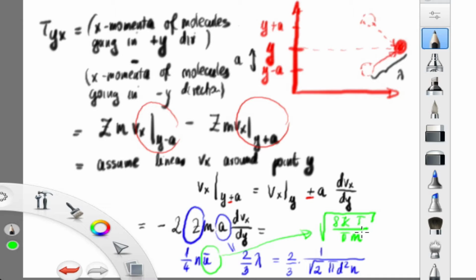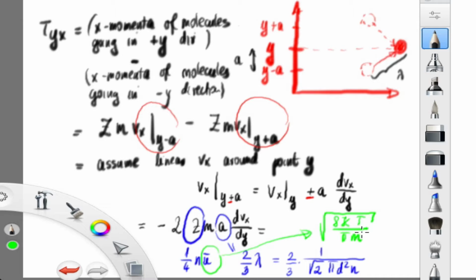Even though I have velocities here, there's actually nothing in this term that is related to the macroscopic velocity Vx. This is just the average molecular velocity that I can compute just based on temperature. This has nothing to do with the imposed velocity from the outside.